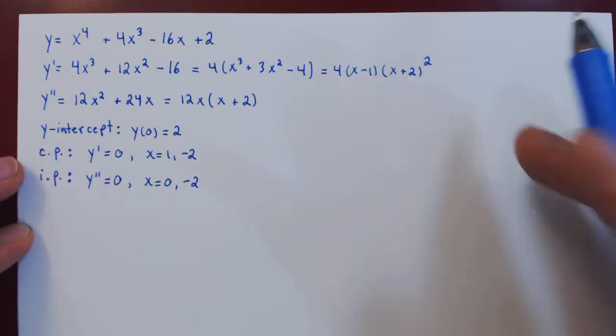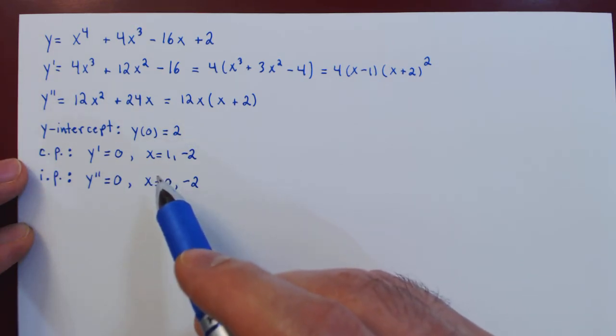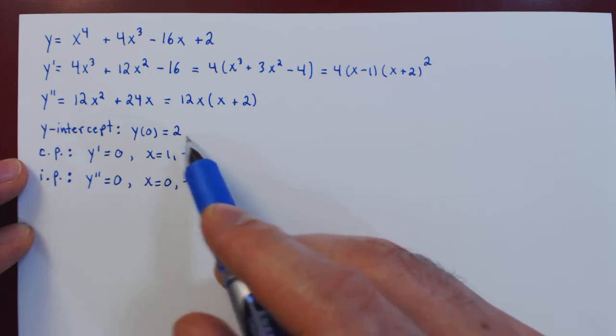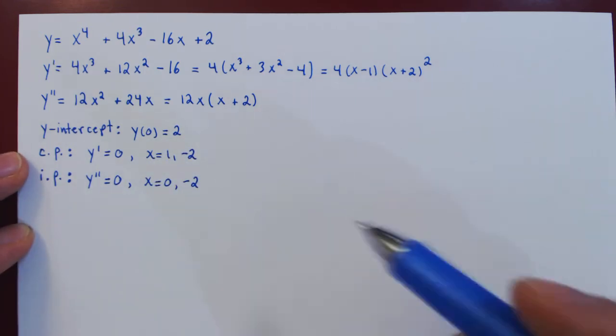Now, as always, the next step will be to try and figure out what does the function look like around the two critical points. Therefore, we have to classify those two critical points.